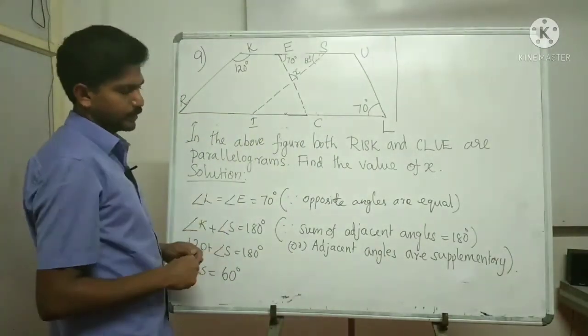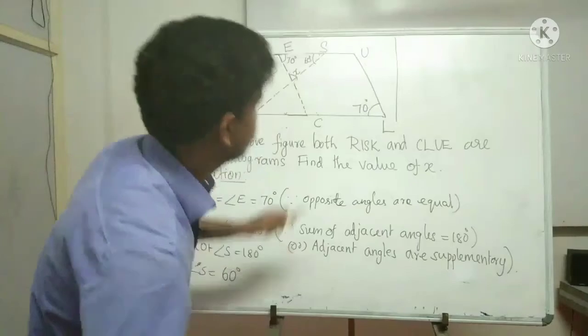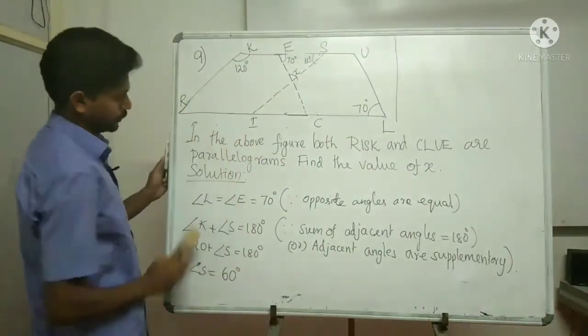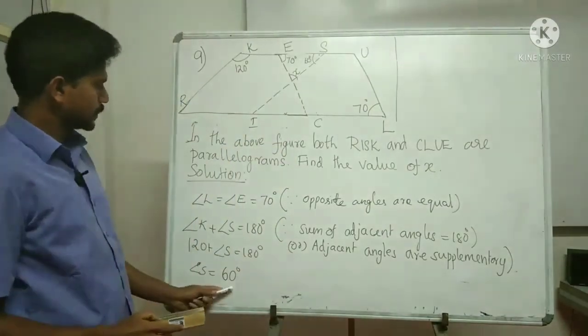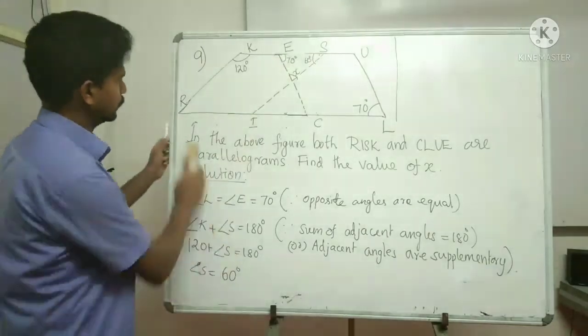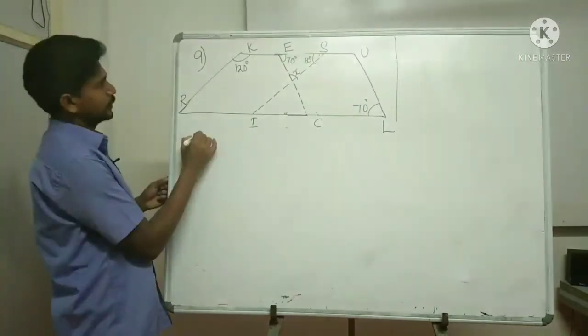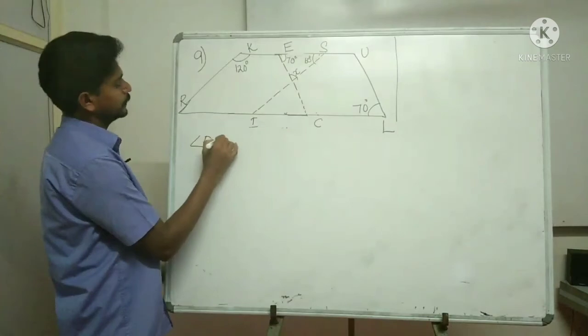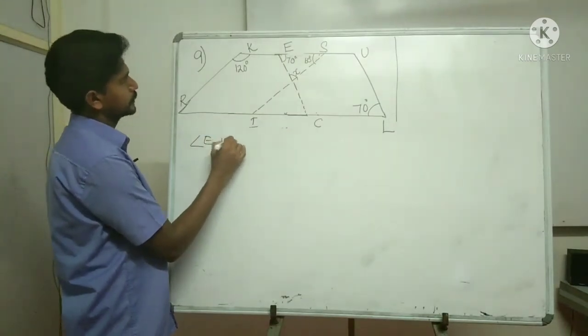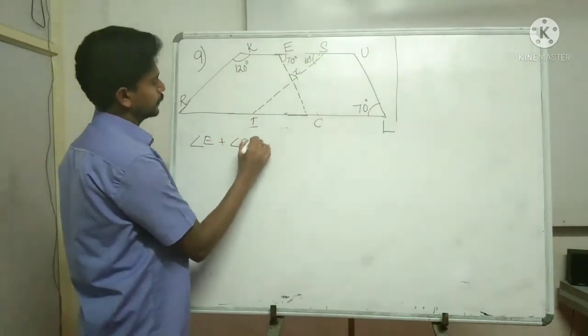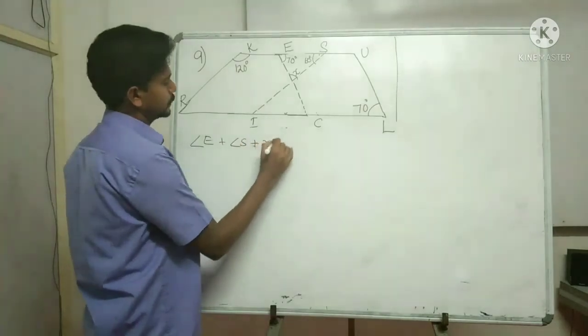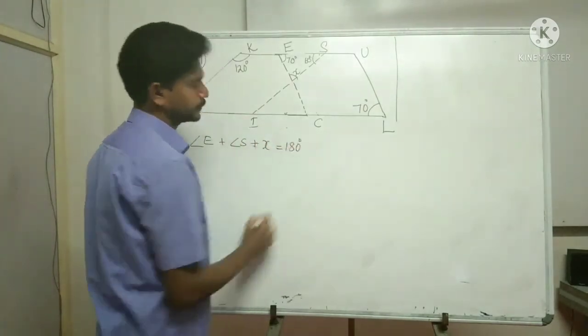Let me write the question and answer, then we can find out the x value now. So S is 60, E we got 70. Now we can write that angle E plus angle S plus x is equal to 180 degree.